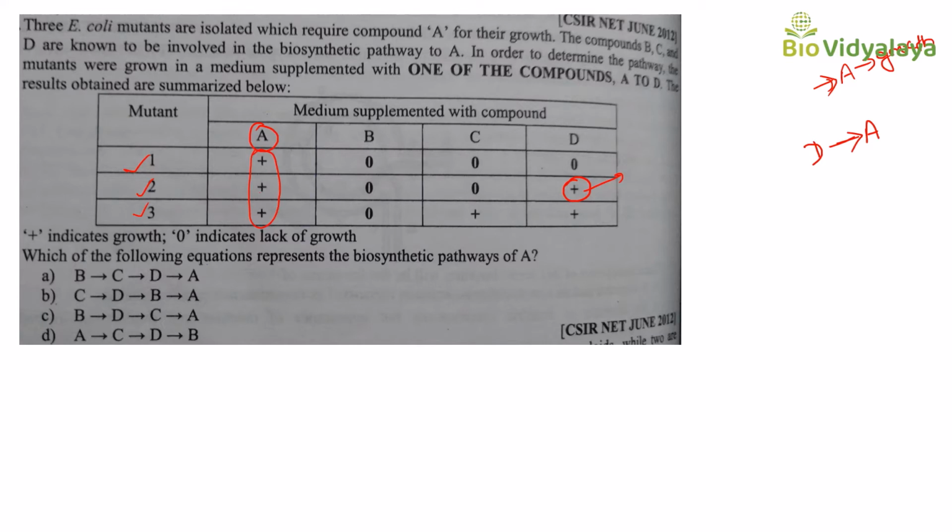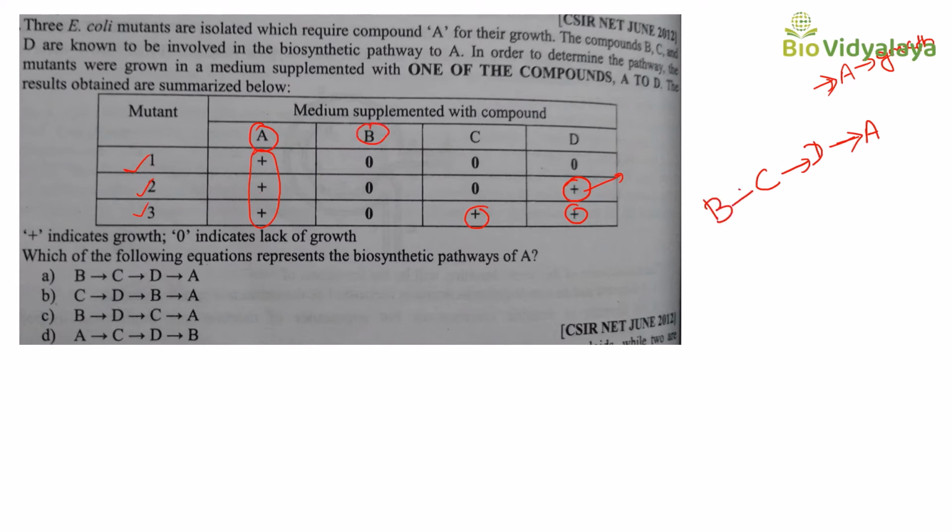Isn't it? Next we can see that here D and C are positive. So we can say that C is coming just before D. So C can convert to D, D can convert to A. So first who is coming? B. B is coming first.